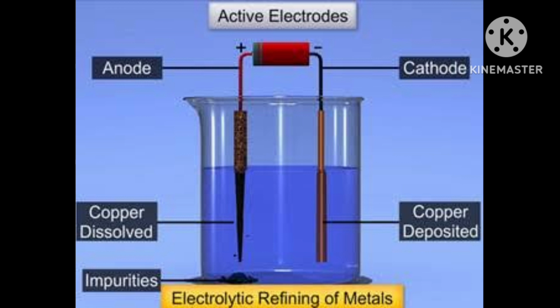Coulomb is the unit of quantity of electricity. The amount of electricity or charge required for oxidation or reduction depends on the stoichiometry of the electrode reaction.